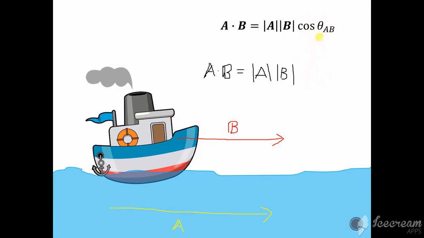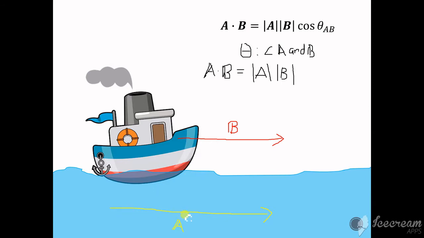This theta will be the angle between a and b. These two should be vectors.